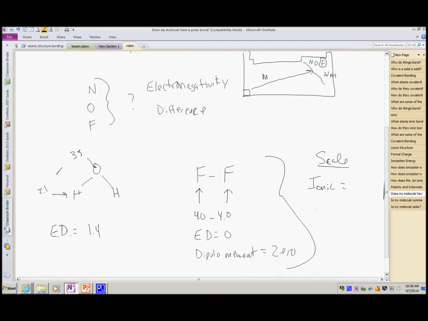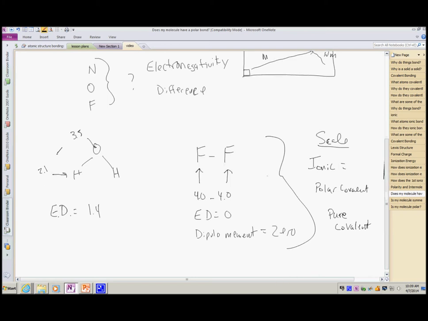And then if they're close but not exactly the same, we call it polar covalent. And if it is very similar, we call it pure covalent, meaning shared almost equally. So we're going to use this difference of electronegativity to determine whether a molecule has what's called a polar bond.